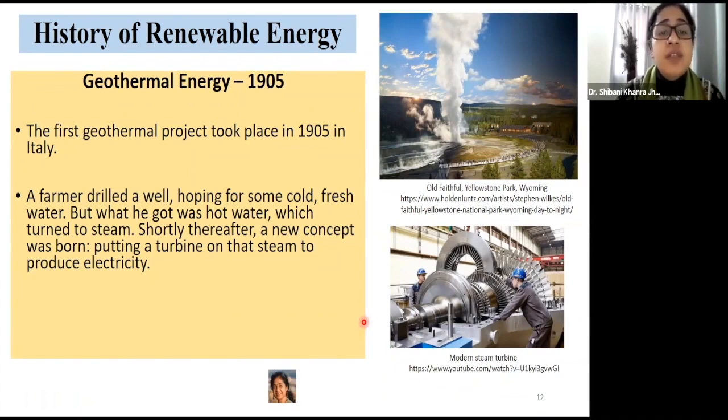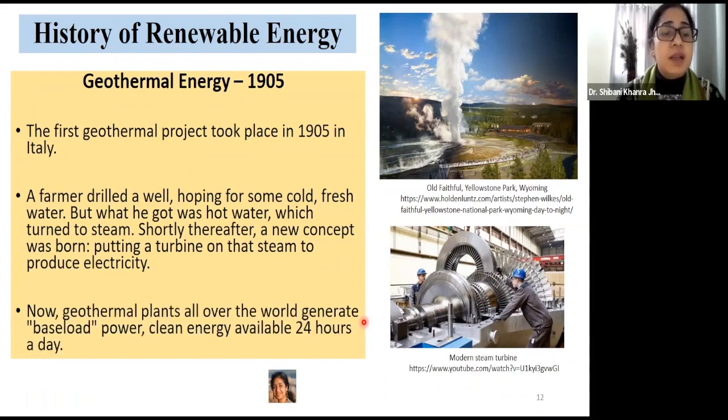With this observation, a very beautiful concept was born: why not put a turbine on that steam and produce electricity. And that is what finally happened, in the form of electricity generation from geothermal energy.